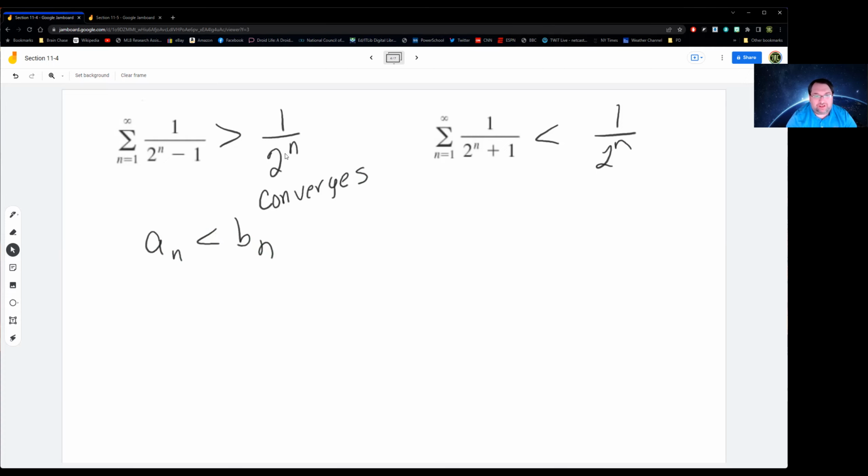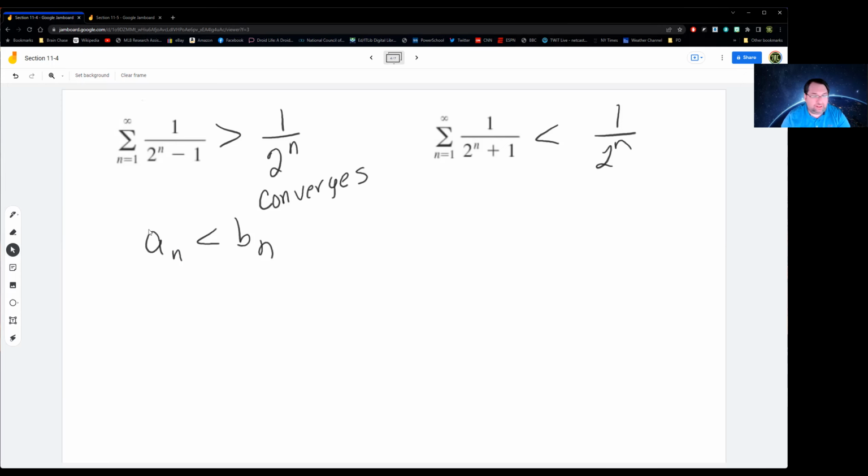Basically, since I know this converges, this is going to go to a number, but this is bigger than it. So I don't know if that number is also going to converge because it's bigger than it. It might be slightly bigger, but it's still bigger. So I'm not sure what's going on with it.